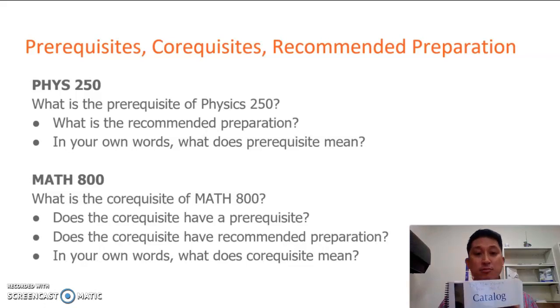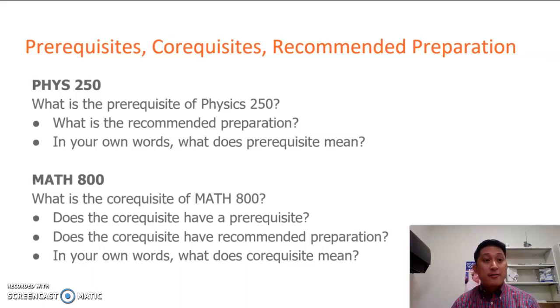So the catalog does a really nice job of doing that, right? So there are certain classes that have prerequisites and co-requisites. So this is something that will definitely appear on the upcoming quiz and also on the midterm.